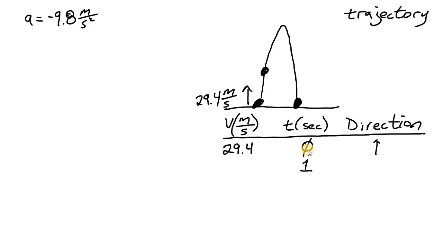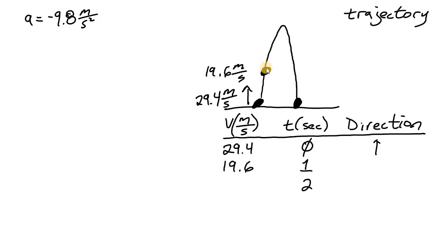Well, our object's velocity will be 29.4 minus 9.8 meters per second, giving us 19.6 meters per second.